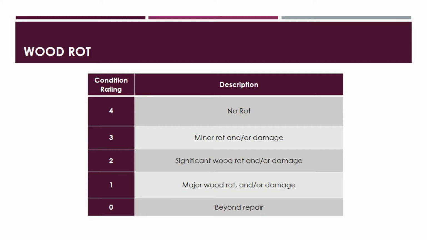Now, with a rating of 2, there is significant wood rot and/or damage, and you should require planned corrective action as there are signs of significant deterioration. Then there is the rating of 1, and in this case there is major wood rot and/or damage requiring immediate emergency repairs. Lastly, with a rating of 0, the wood rot or damage is going to be beyond repair.